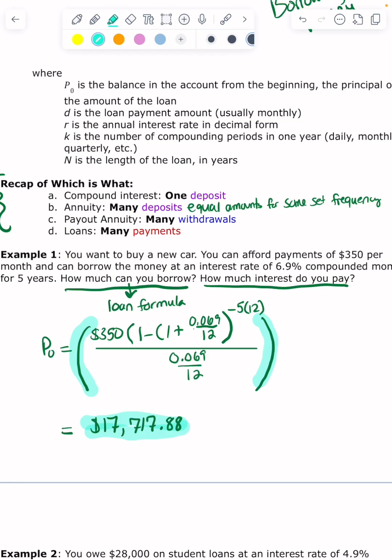And I'm just going to check that real quick in Excel to make sure it's correct. So present value 17,717.88, 6.9%, 5 years. Yes, it comes out to be $350 for the payments.